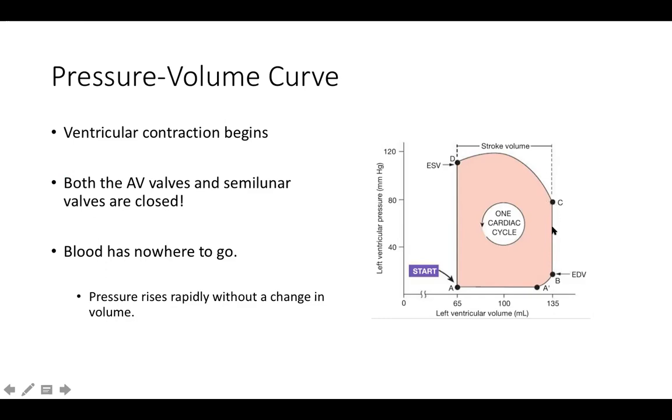And so this phase between B and C, this is the area where the ventricle's starting to contract, where the atrioventricular valve, or in this case, the mitral valve, is closed. The semilunar valve, or the aortic valve, is also closed, so blood has nowhere to go, but pressure is rising rapidly with no change in volume. So this is isovolumic ventricular contraction between B and C.